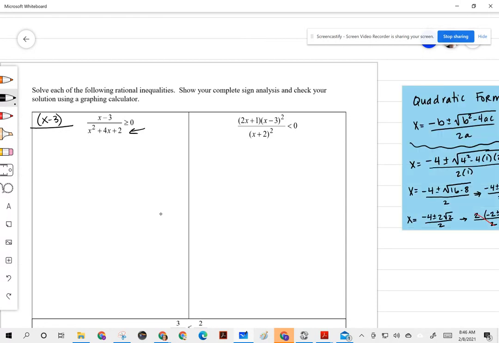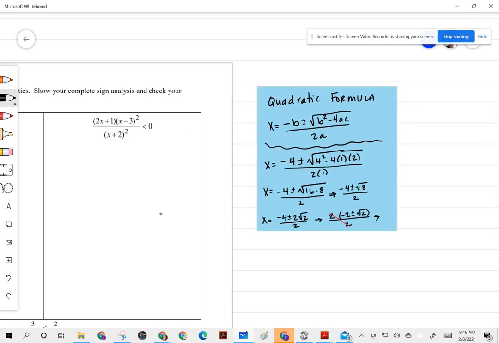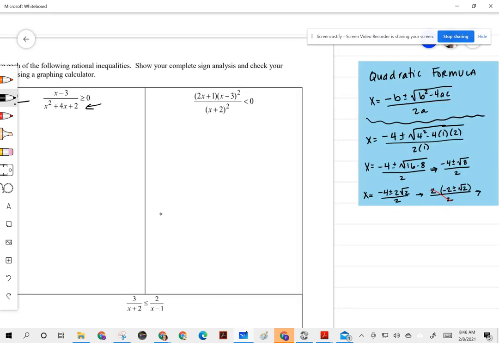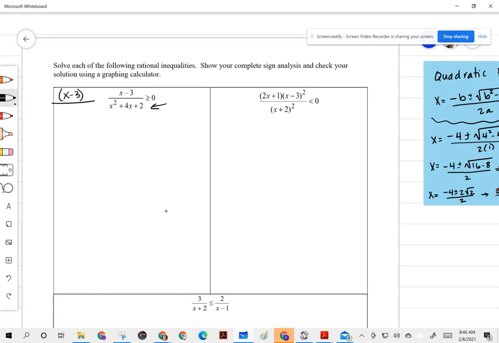So I'm going to bring in the quadratic formula. As I do the quadratic formula, and you can pause the video and look at the work, I find out that x cannot equal, right, my denominator cannot equal -2 plus rad 2, and then also -2 minus rad 2.